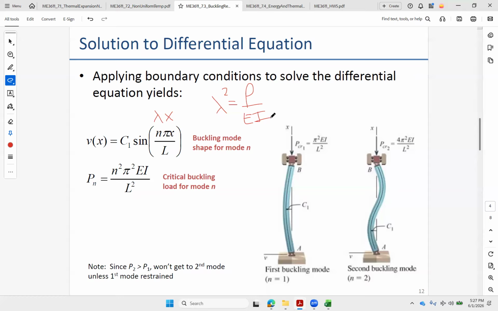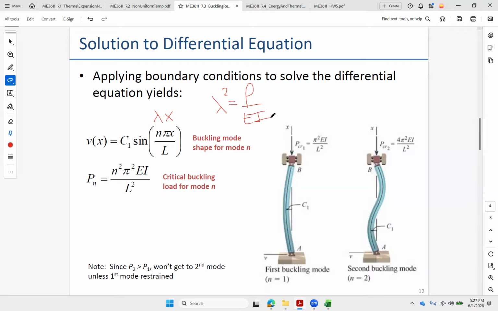If I instantly push with 4 times as much load, I get to the second buckling load. If I put in 2 here, I get 4 times that original one. And if I manage to push fast enough that it doesn't trip out here, and I go straight to 4 times that critical load, I'll get a full period, a full sine shape.